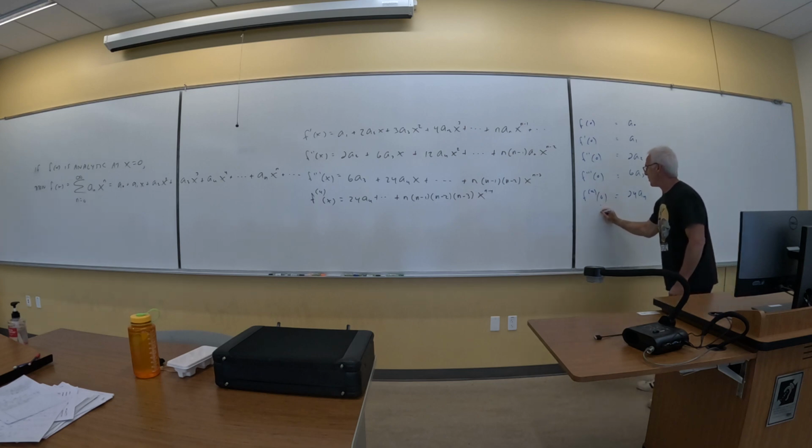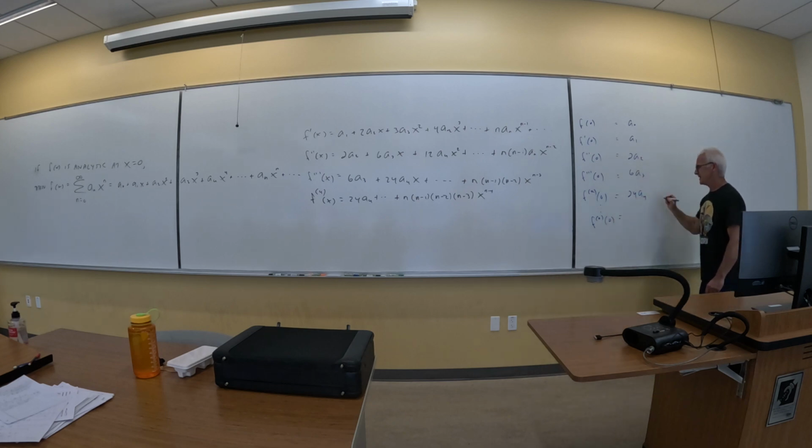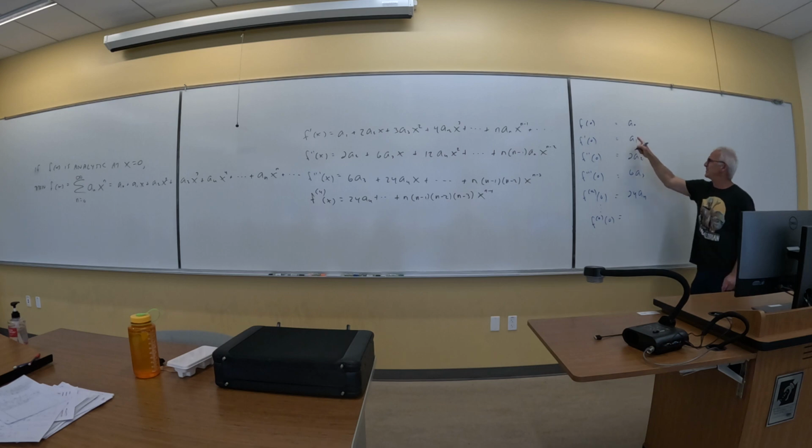Most important thing of all. What's the nth derivative evaluated at 0? Do you see a pattern of these numbers? Is it 24, 4 times 3 times 2 times 1? Because that's just what it came up with. And isn't 6 3 times 2 times 1?